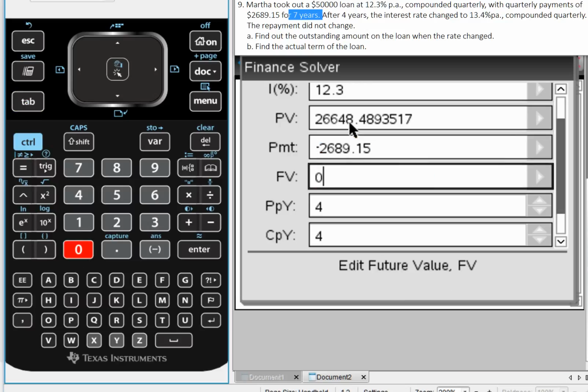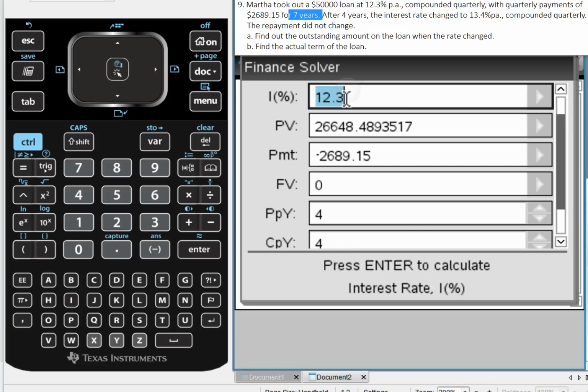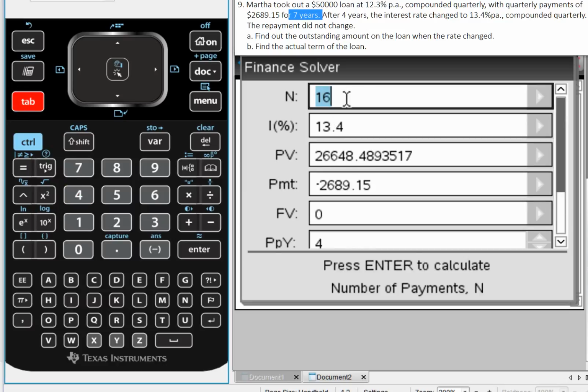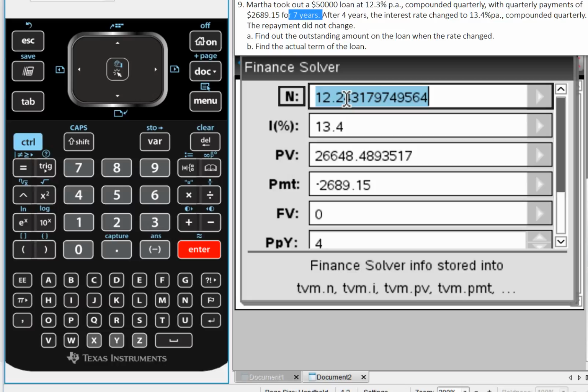And she's paying it off. It says the repayments have not changed. The interest rate, though, has changed. That's now 13.4%. And we need to figure out how many more payments she'll need to make. So we press enter. She will need to make another 12.24, so another 13 payments.